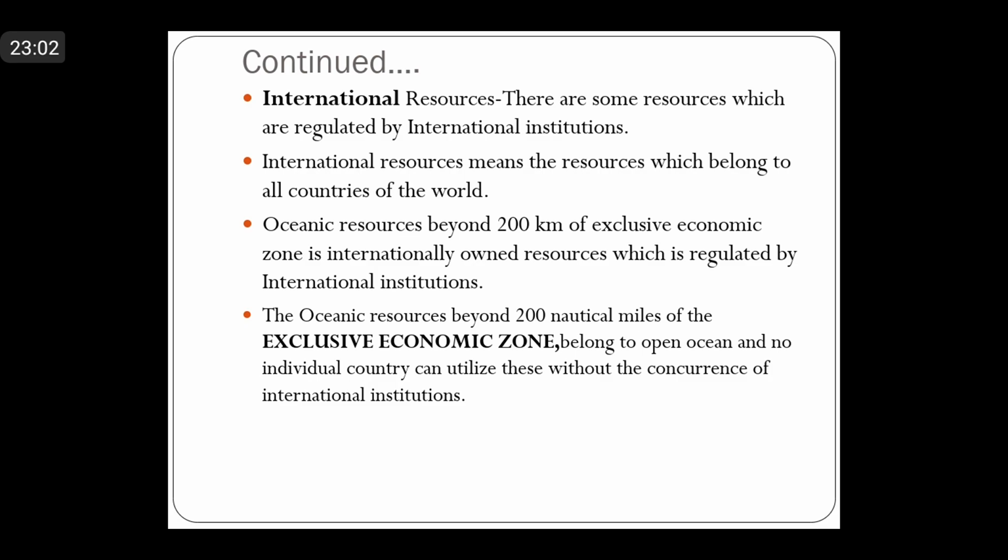This organization will give you consent, then only the resources between 12 nautical miles and 200 nautical miles can be exploited, but provided those resources will help for the growth and development of any particular nation. Okay?